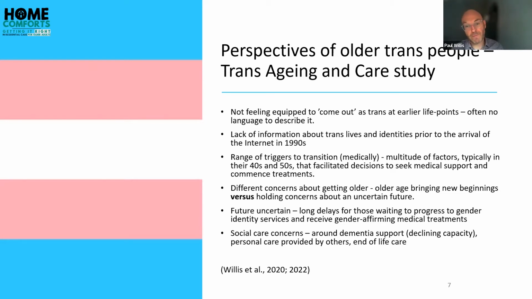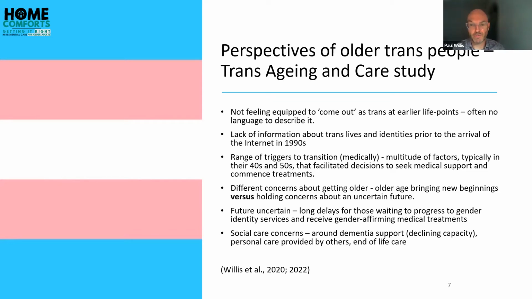So for many of the participants, the future was uncertain, and this was connected to long delays in progressing to gender identity services, to get from those GP referrals, and what used to be referrals through mental health services in Wales, but we no longer have that step now. There were these long delays in being able to access the appropriate clinics.